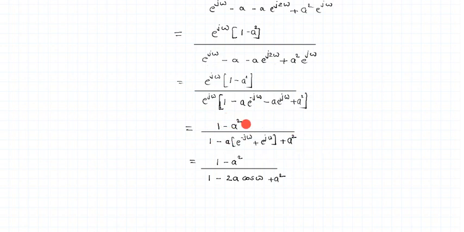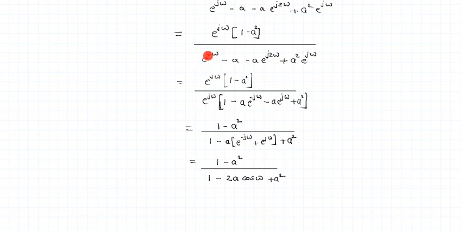Further, there is one more arrangement which is done here. We have a term which is e raised to minus j theta plus e raised to j theta. So we get a term when we take minus a common, right? When we take minus a common, you could see what we have got here. When we have taken minus a common, we have cancelled these two terms. That was the purpose we had taken e raised to j omega common. So when we take e raised to j omega common, let us see what all terms remain here.